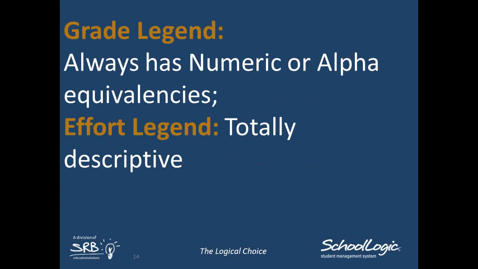Generally, our grade legends, well, for sure, they always use numeric or alpha equivalencies. If you're in a grade legend, you're almost always talking about some form of equivalency. In the effort legend, those tend to be pretty much totally descriptive. And we'll look at both.